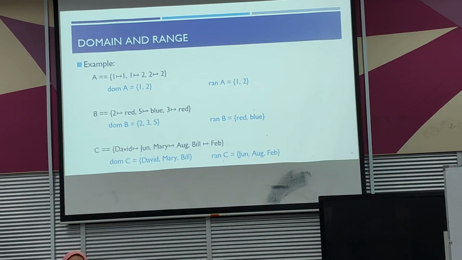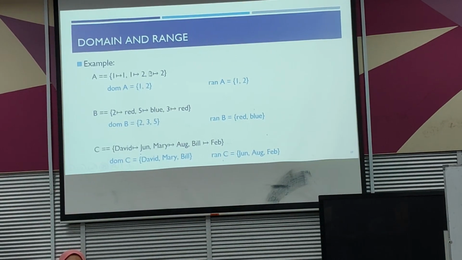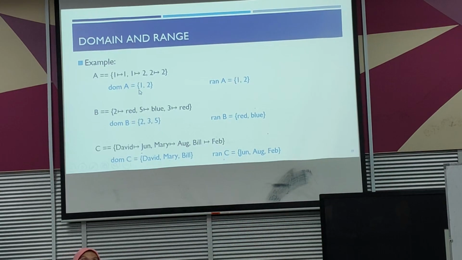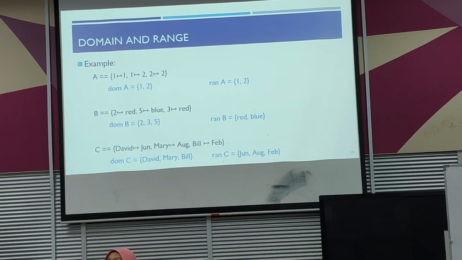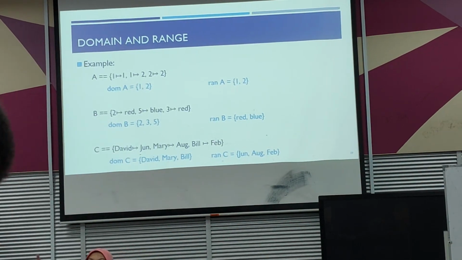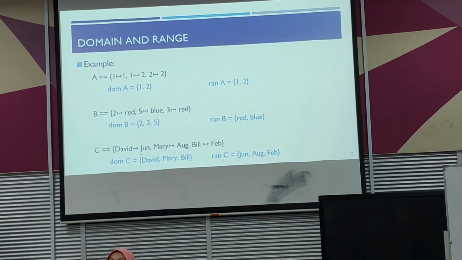This is another example of domain and range, same thing, dom and ran here. But if the data are duplicated, like ran here 2, 2 and domain 1, 1, just make sure that you put 1 only. No need for duplicates. Data in a set cannot be duplicated. So don't put 1, 1, 2, because 1, 1 is a duplicate already.